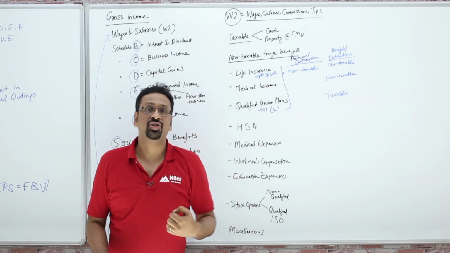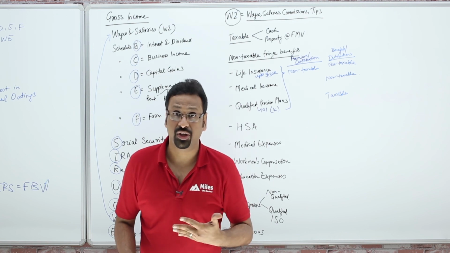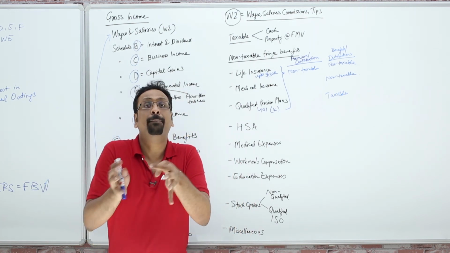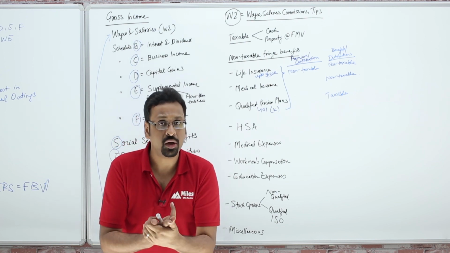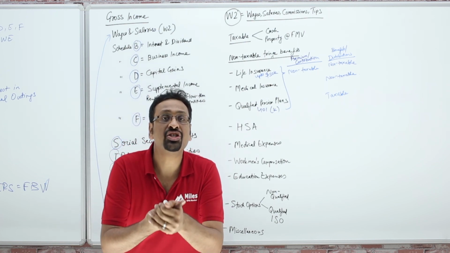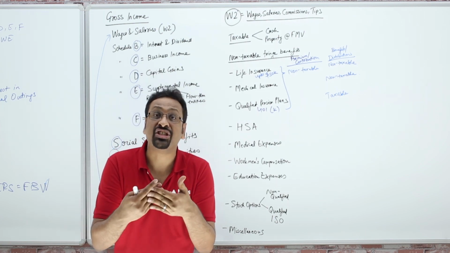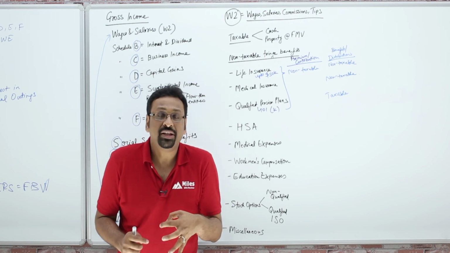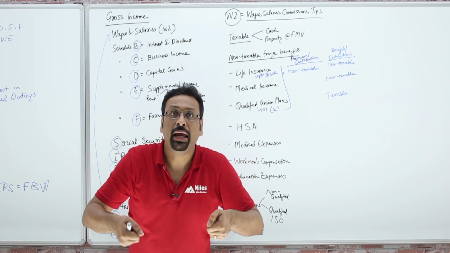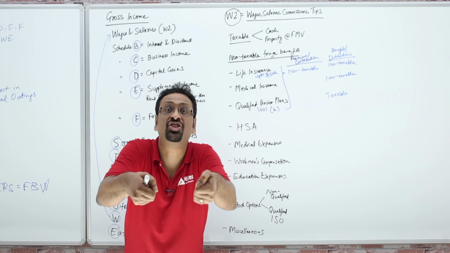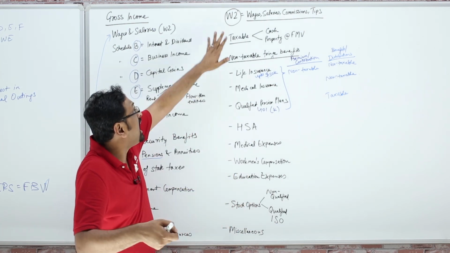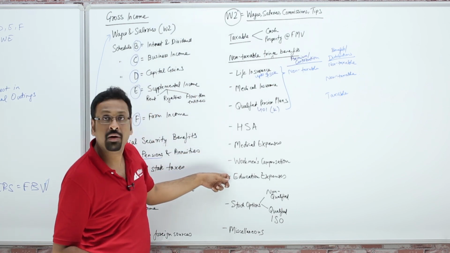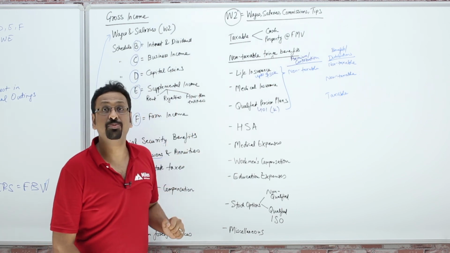But if the tuition reduction is for graduate level education, then the tuition reduction would be non-taxable if the employee is a teacher or a researcher and there's some additional pay that the employee is receiving besides the tuition reduction. Which means that the cash that the teacher or researcher would receive would be taxable. The tuition reduction would be a non-taxable fringe benefit.